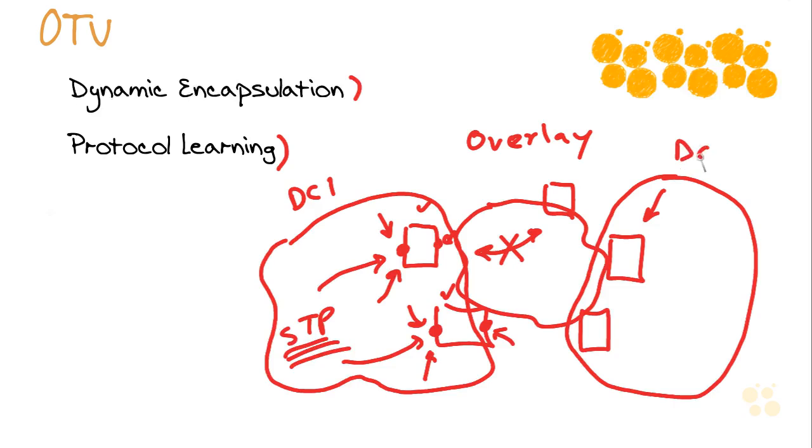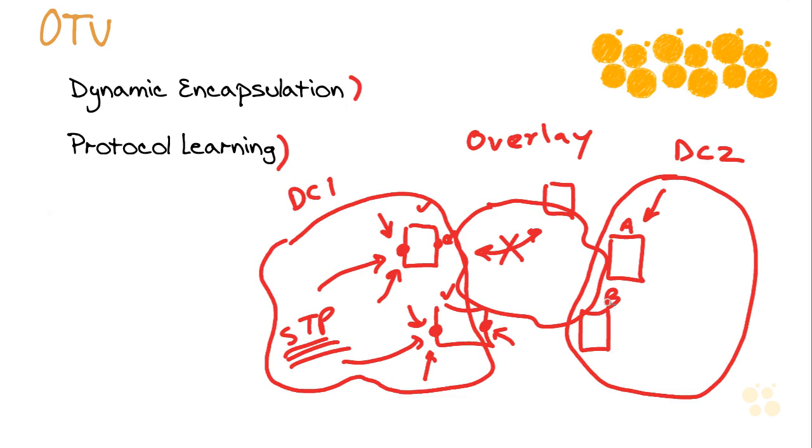Let's say this is data center 2 over here, and we have Nexus A and we have Nexus B. What we end up doing is multi-homing here for these OTV edge devices. This adds redundancy, and it really is a wonderful configuration.